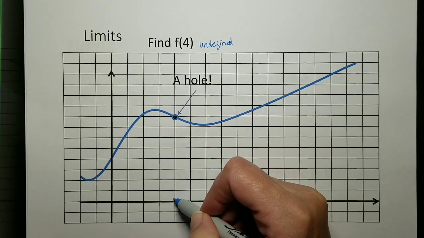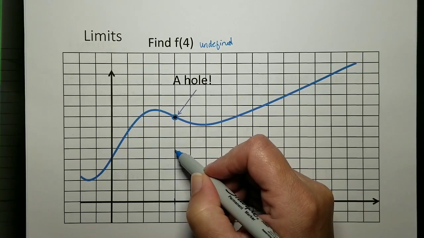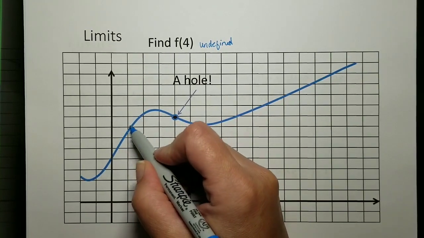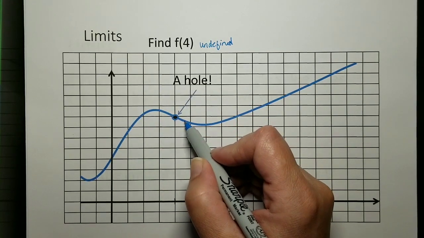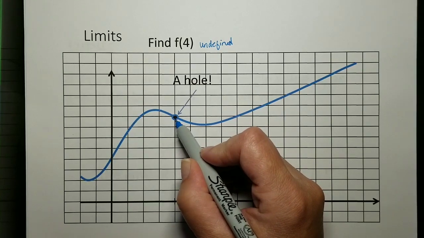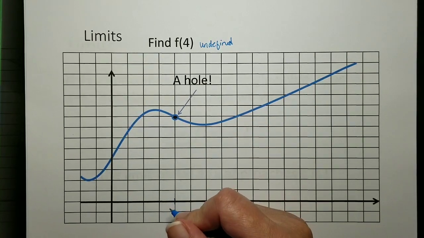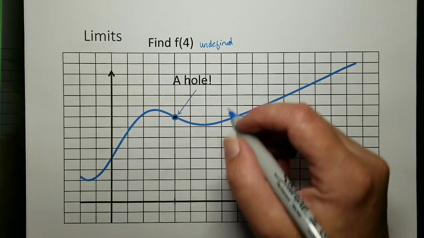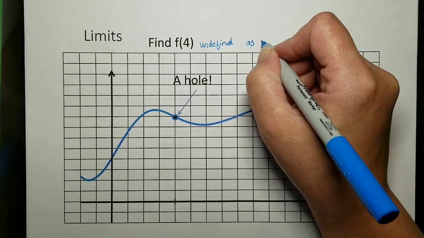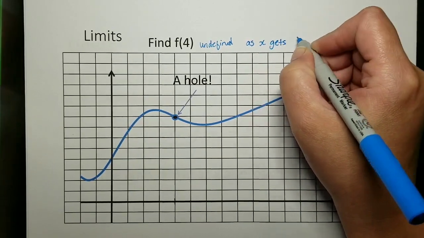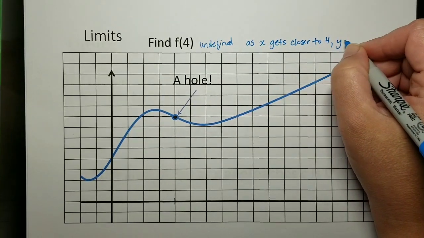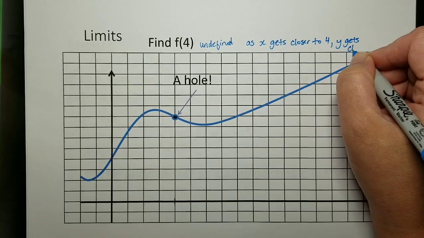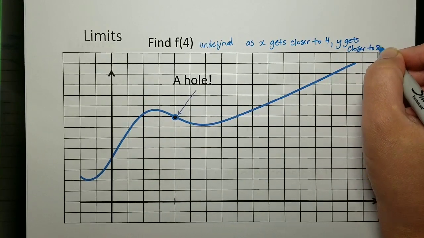So we could say, I need to count here, 1, 2, 3, 4, 5, 6, 7, 8. As we move closer and closer to x equals 4, the y value moves closer and closer to 8, even though that one individual point where x equals 4 doesn't actually exist on this function. But we can say as x gets closer to 4, y gets closer to 8.